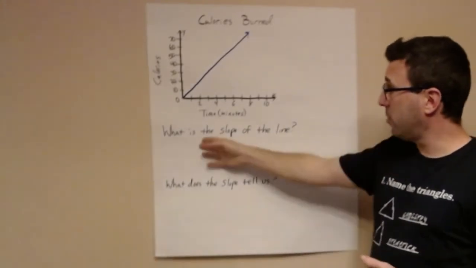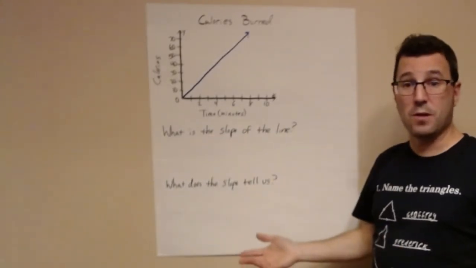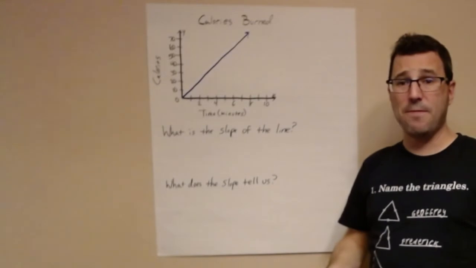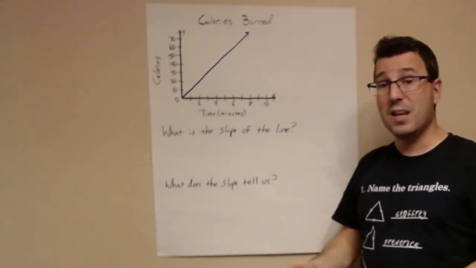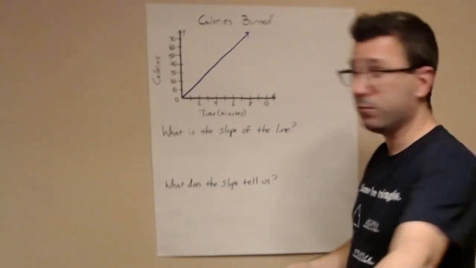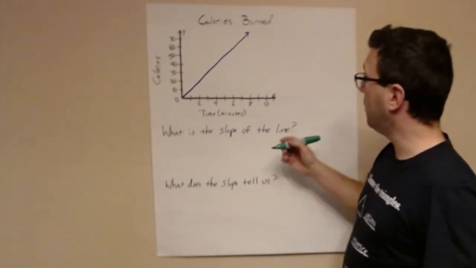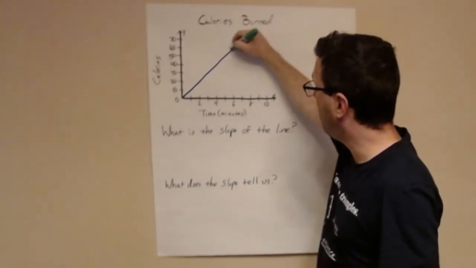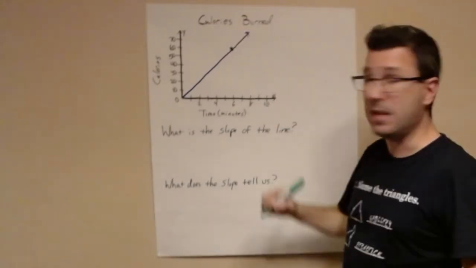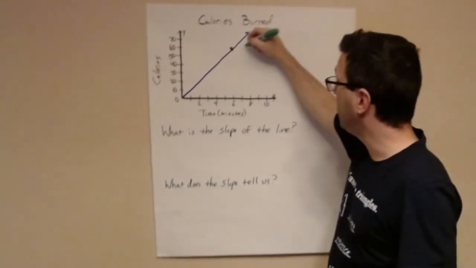So the first question I have is, what is the slope of the line? I have a graph. I'm going to do the easy thing. I'm going to choose 2 points, and I'm going to do rise over run. So I'm going to look, and I go there, 6, 60, and I'll write that down so we see it.